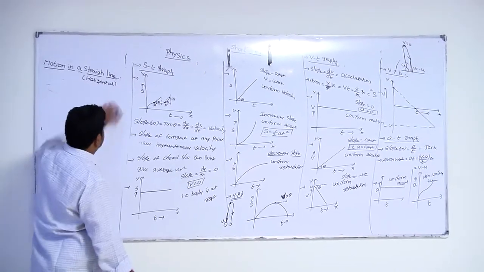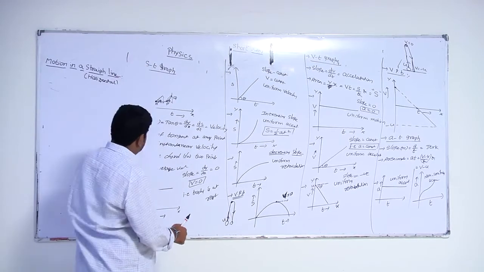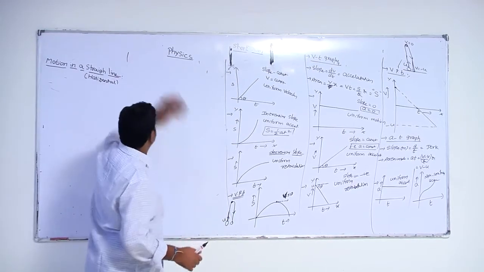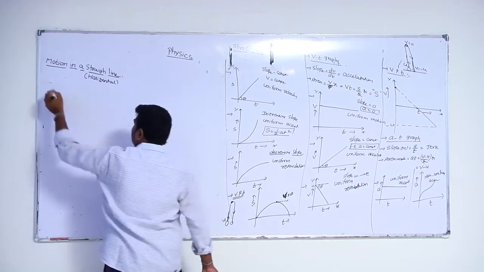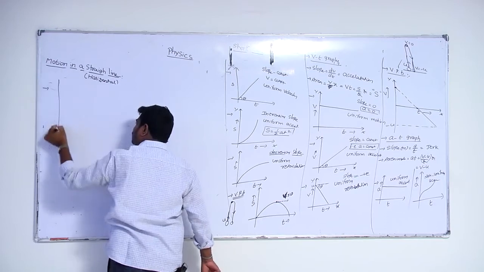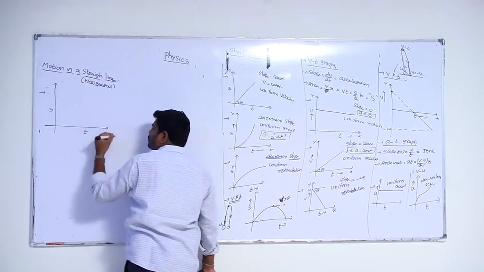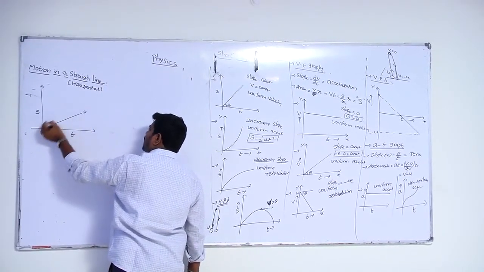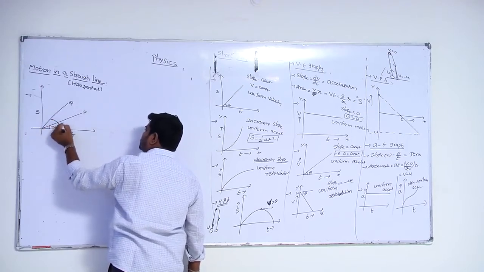Now, for example, a displacement-time graph is given. This is the line P, this is the line Q. It makes 30 degrees and 60 degrees.